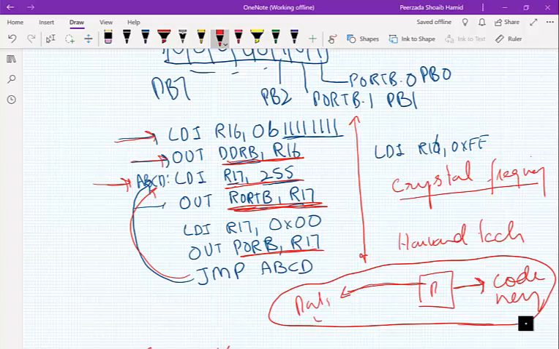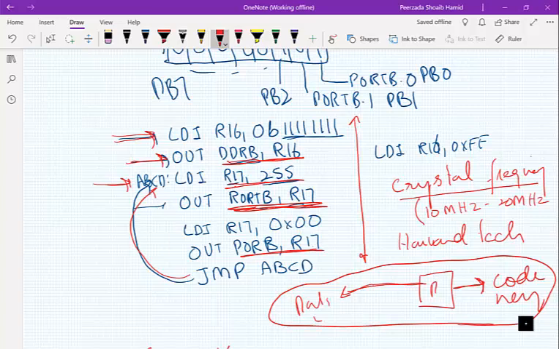So what's the point here? Each of these instructions takes some finite time to execute. What will be the order of that time? Let's assume the most commonly used crystal oscillators in AVR microcontrollers are somewhere between 10 megahertz and 20 megahertz, or maybe more.